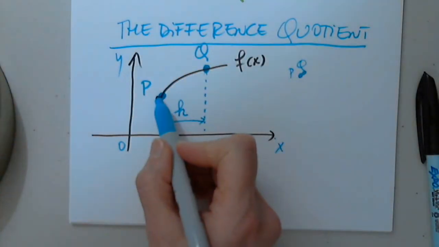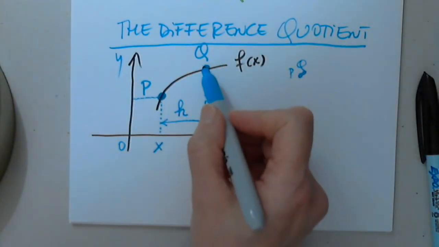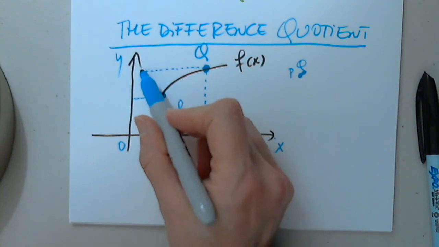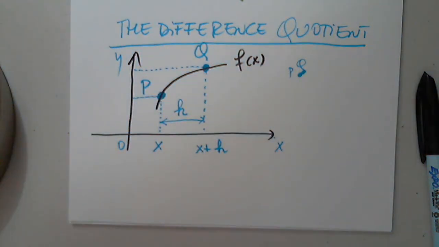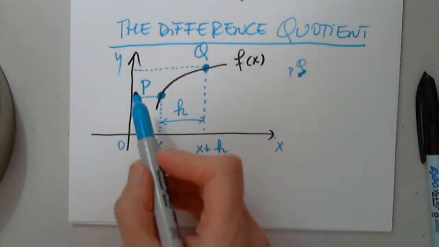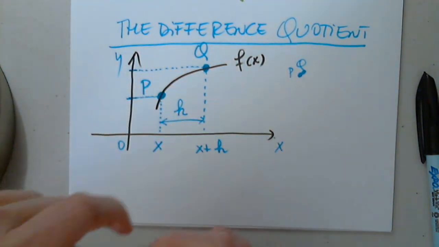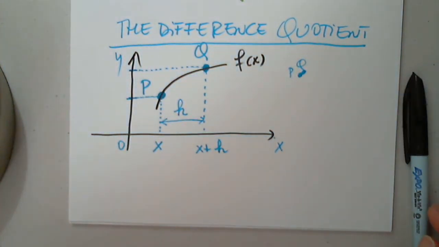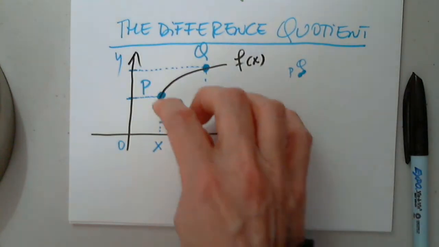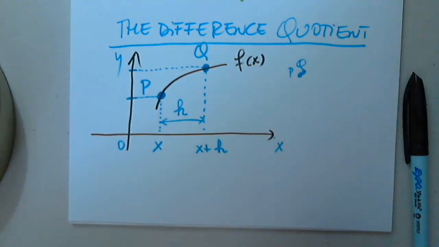So can anyone give us the y coordinate of P and the y coordinate of Q? Oh, I'm sorry. Can anyone tell us this, the y coordinate of P and Q, please?